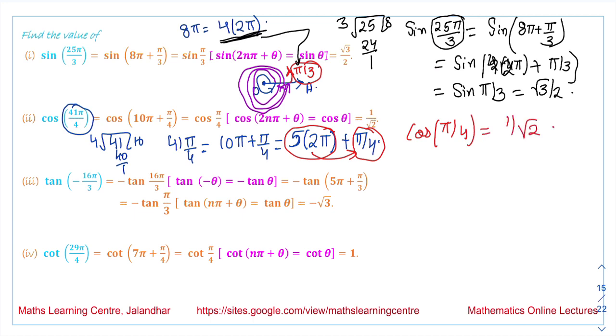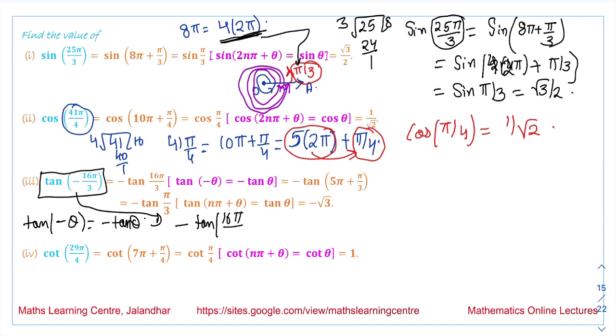Next we have tan of minus 16 pi by 3. First thing we know is that tan of minus theta is equal to minus tan theta. So this will become minus of tan of 16 pi by 3.